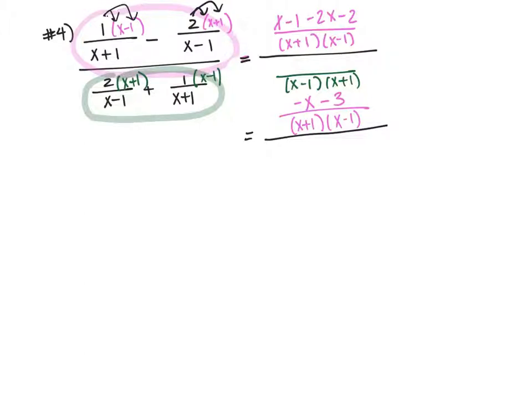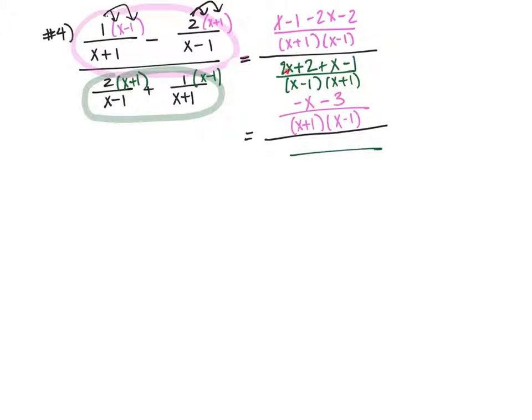All right, so when I multiply by distributing, I get 2x plus 2, plus 1 times x and 1 times negative 1. So that's going to be plus 1x minus 1. And now I'm going to combine like terms.